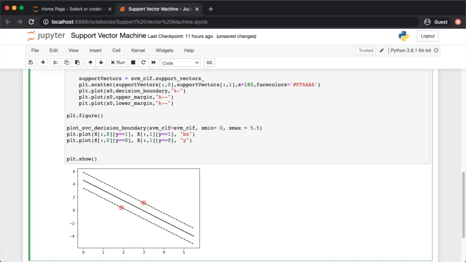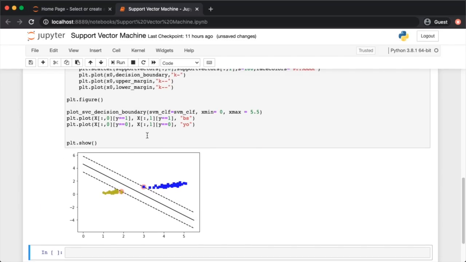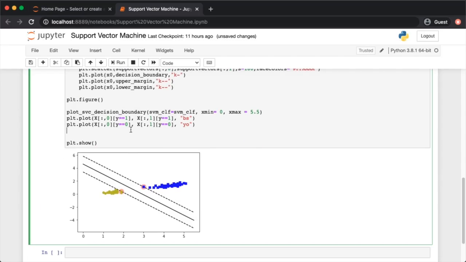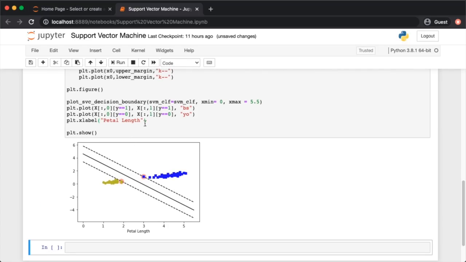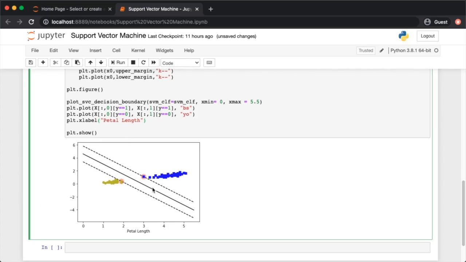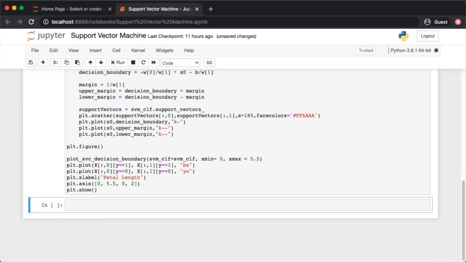So yellow circles and the first one in blue squares. Let's see how the plot looks. Okay, not bad. And let's give an X label, call it petal length, as such. And let's limit our axes to xmin and xmax, ymin and ymax.